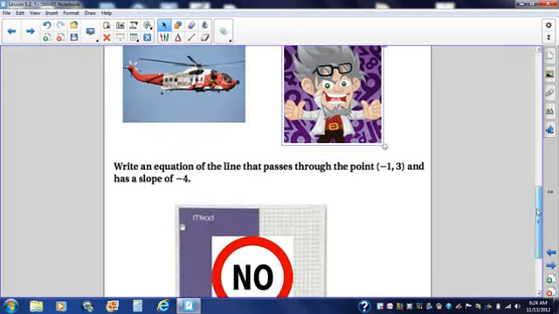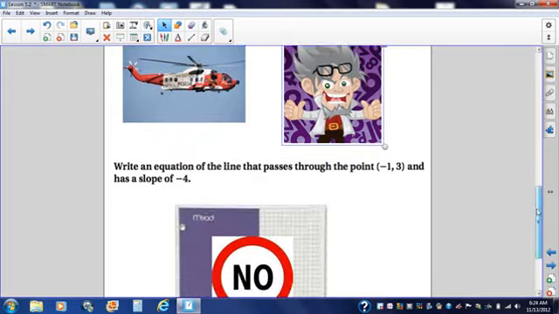So here we go. We're going to work on writing equations today without graph paper, so you can be rescued by the evil mathematician. He promises to let you go, but you have to work the problem without graph paper.